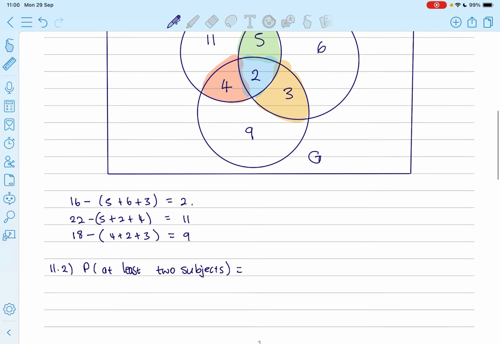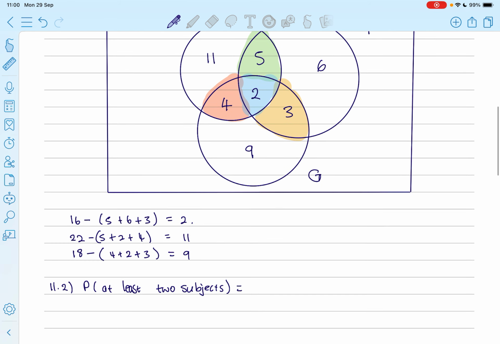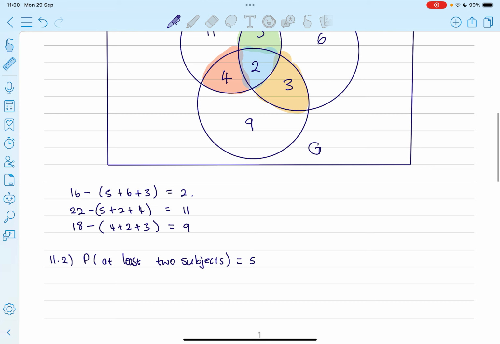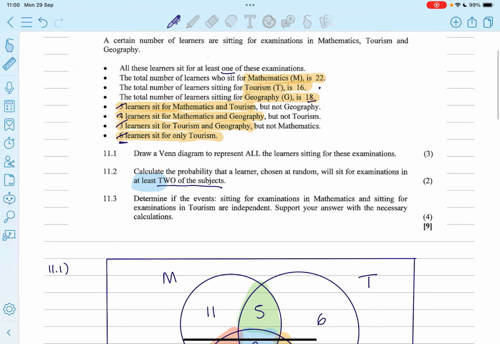And this will be equal to, so that will be all the students that are in the intersections that are 5, 4, 2, and 3. And then we're going to divide by the total number of students that are writing these exams. And the total, we can get it by adding all the subjects.